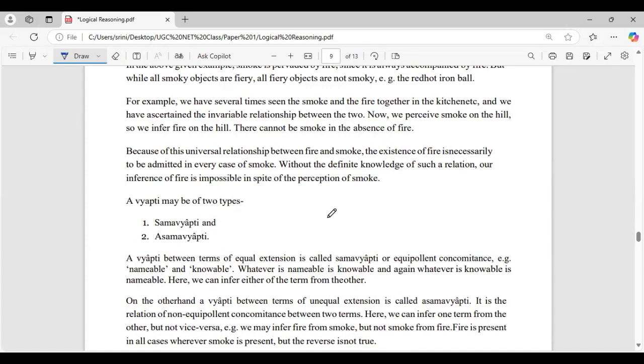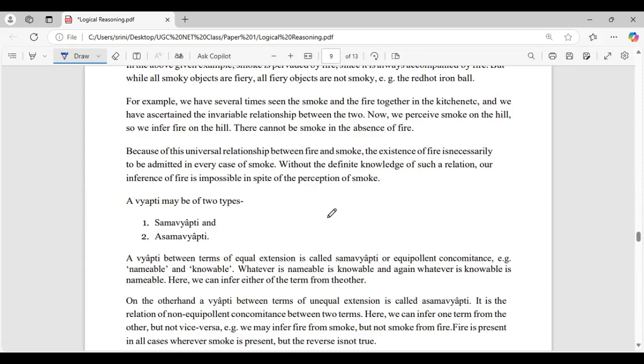Vyapti has two types: Samavyapti and Asamavyapti. Vyapti means relationship. The Vyapti between terms of equal extension is called Samavyapti, or equipollent concomitants.